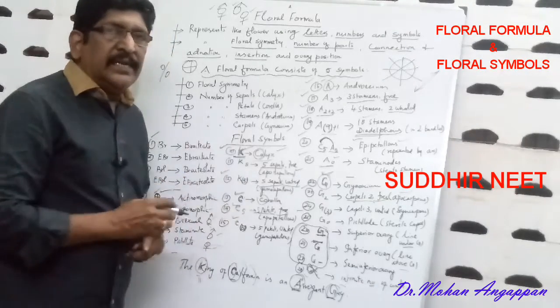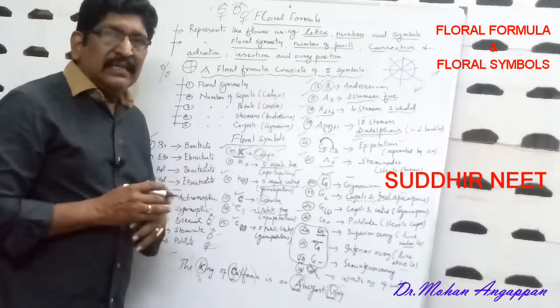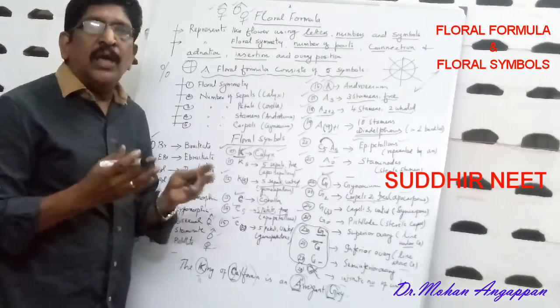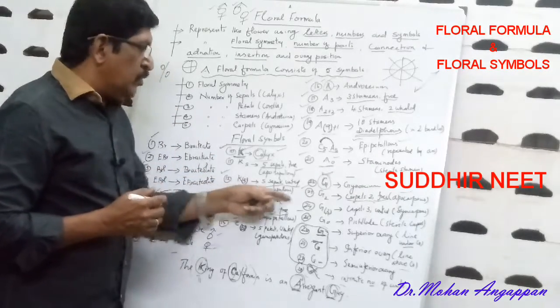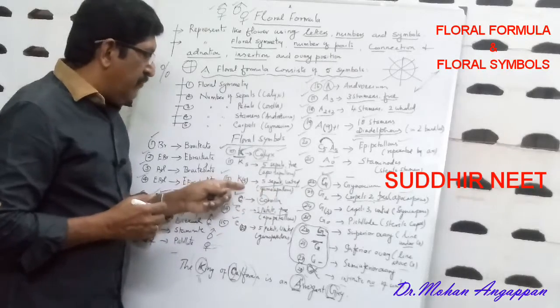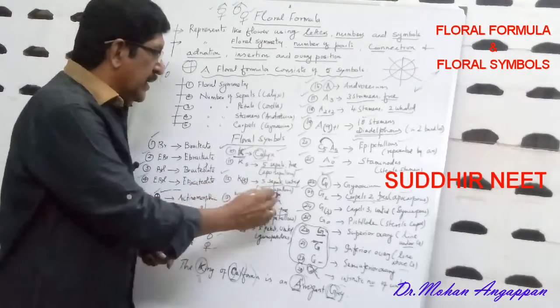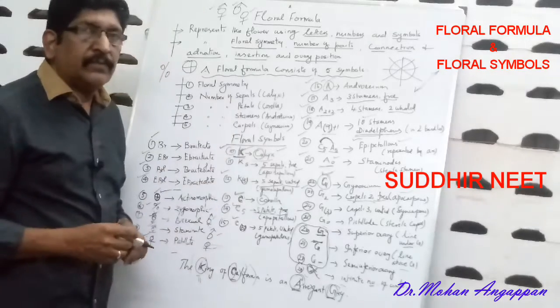K5 within bracket means there are 5 sepals and they are united. When they are in bracket, that means they are united, gamosepalous condition. So K5 within bracket, 5 sepals united, gamosepalous.